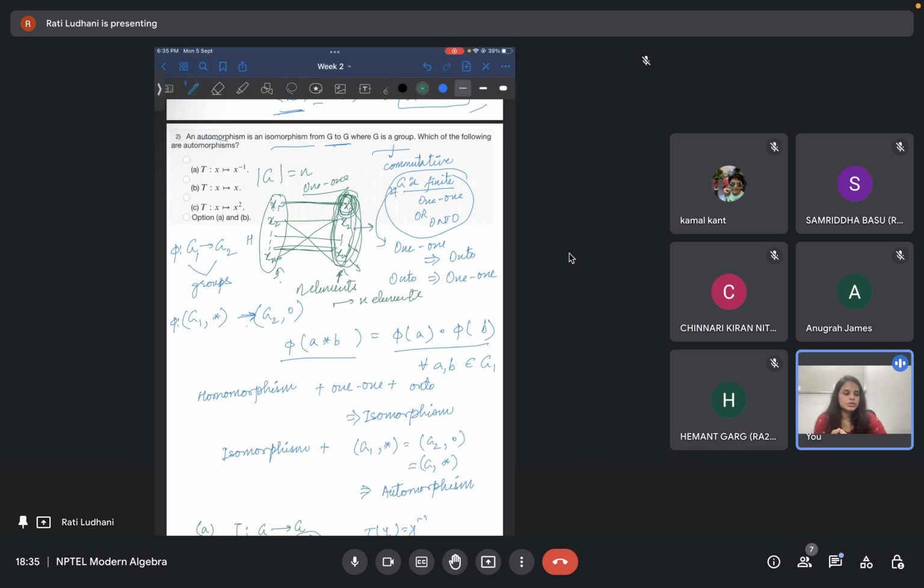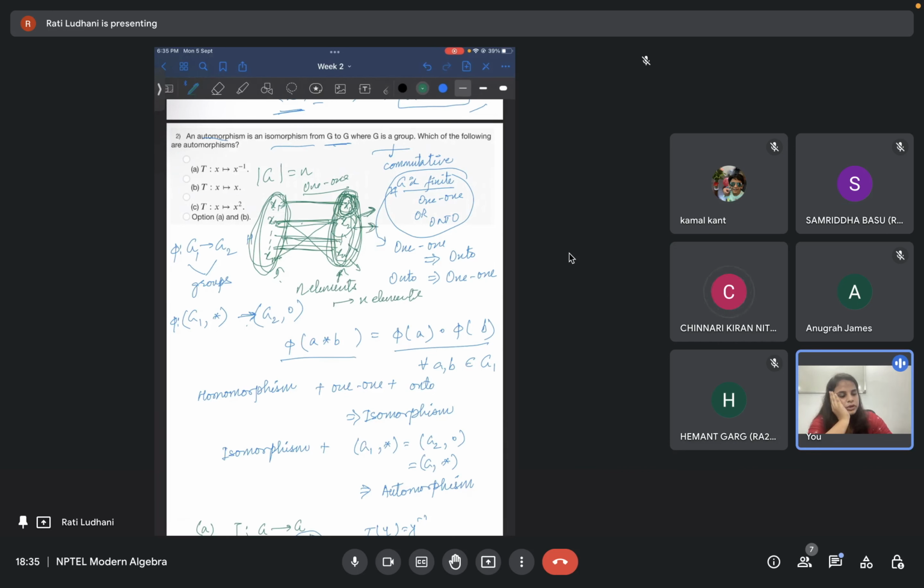The other way around also: if you take the onto property, that means all the elements here have a pre-image. Here you have n elements and the pre-images are exactly n elements. So you have one-one also, because otherwise it would be a many-one function.